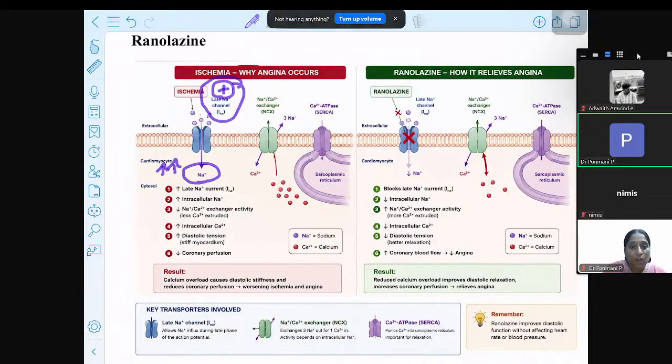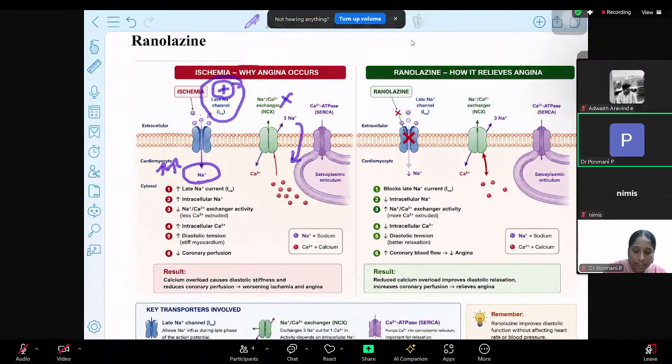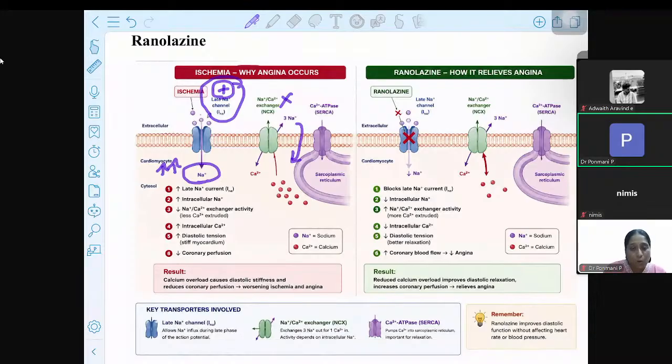Since the intracellular sodium is more, the sodium calcium exchanger will not function. What is the function of the sodium calcium exchanger? It is going to throw the sodium out and calcium in. This is going to work only when the sodium levels are low here. Already the sodium levels are high. So what happens? Sodium will not go out.